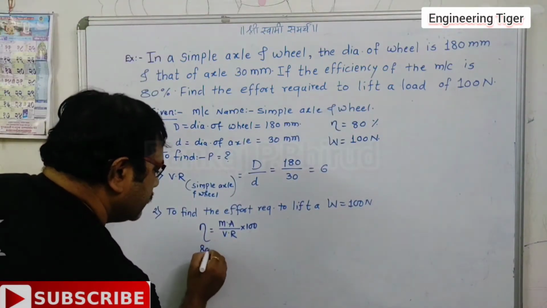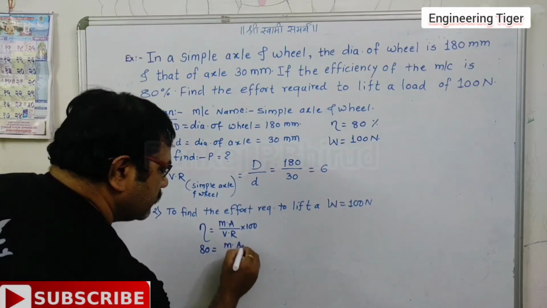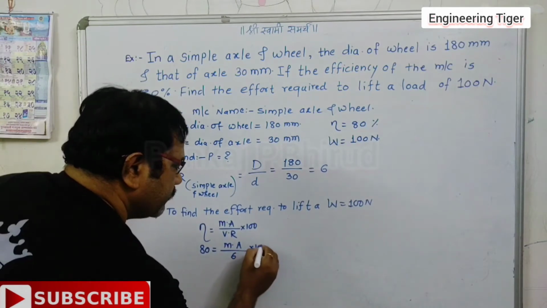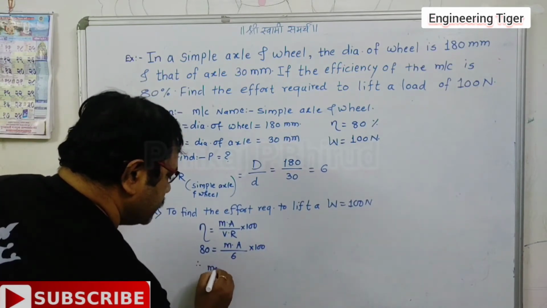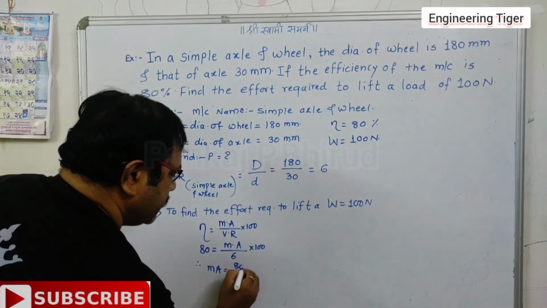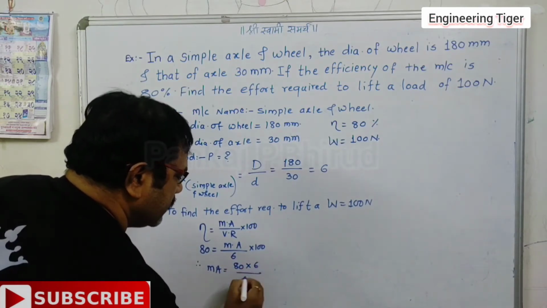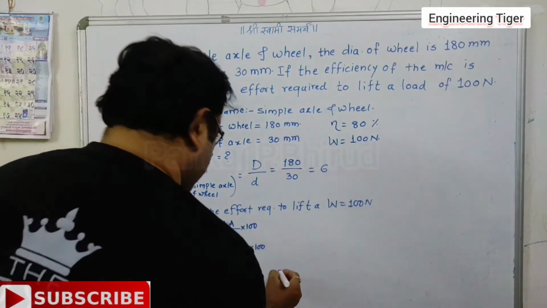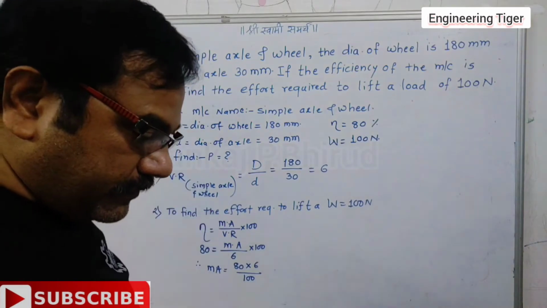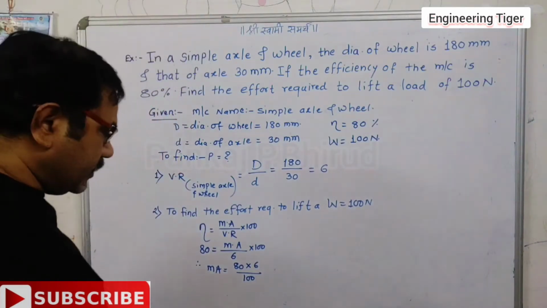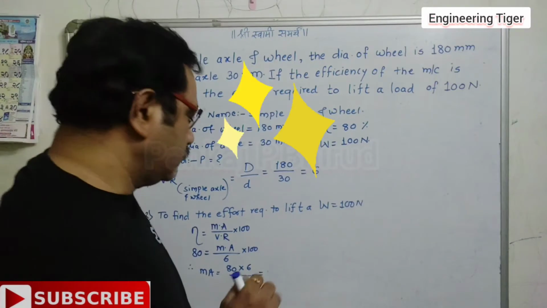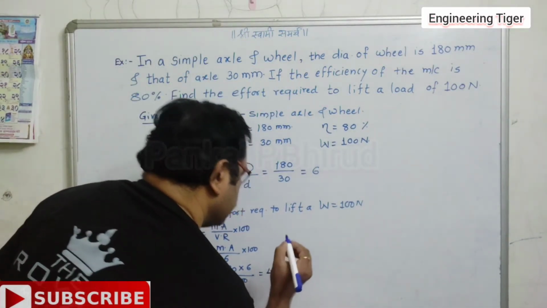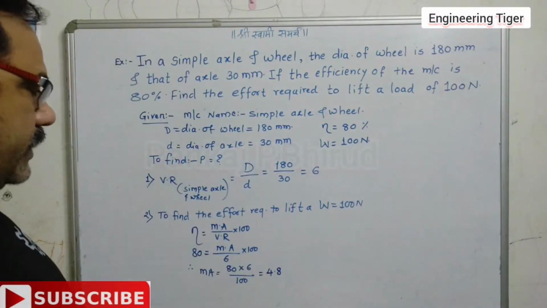So put 80 is equal to MA, which is unknown, upon VR, already calculated 6, into 100. So we'll get MA is equal to 80 into 6 upon 100. So here we'll get MA is 4.8.